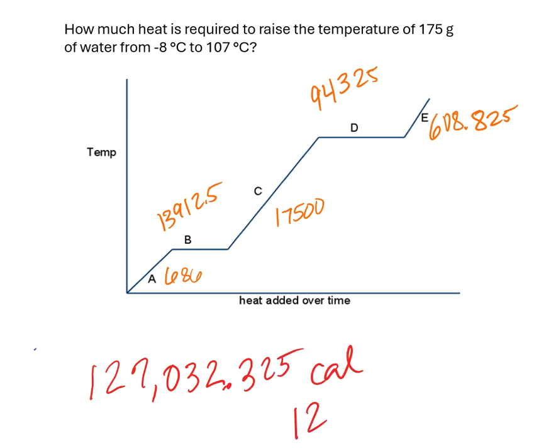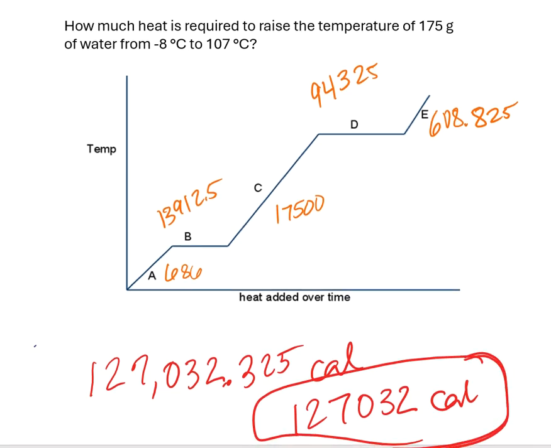So I can just report that as 127,032 calories. That's how much energy it would take to convert 175 grams of water from -8 degrees Celsius up to 107 degrees Celsius. So I hope this helps.